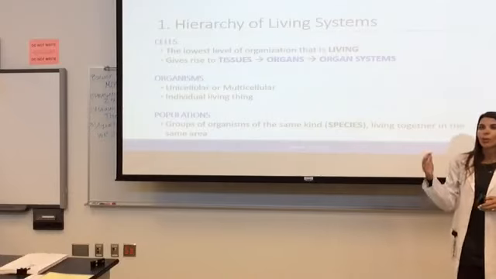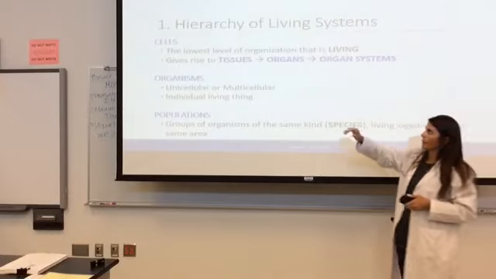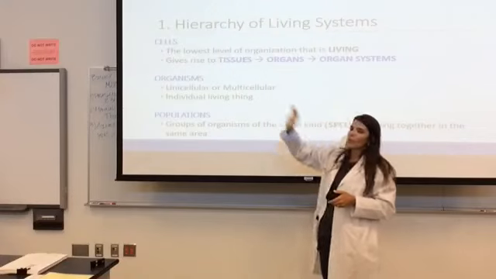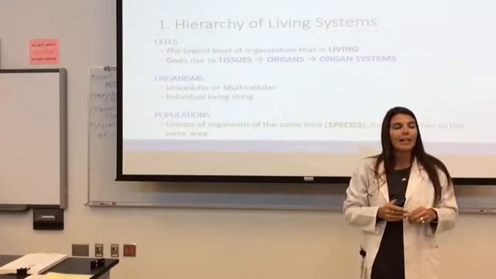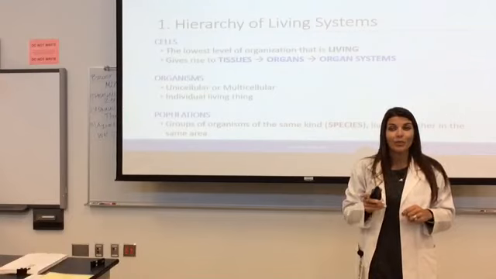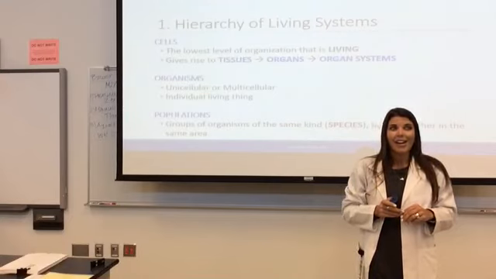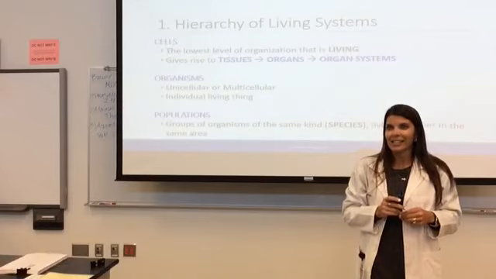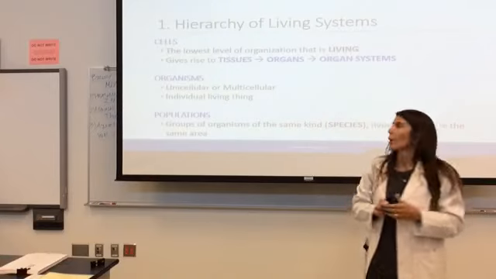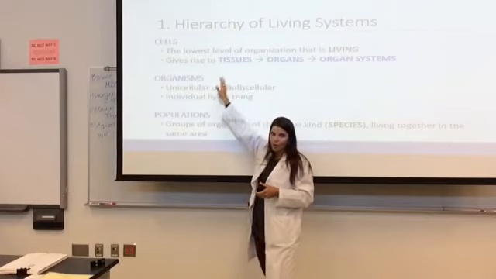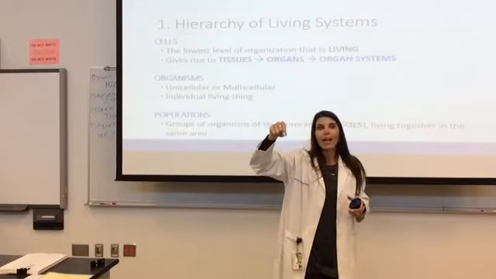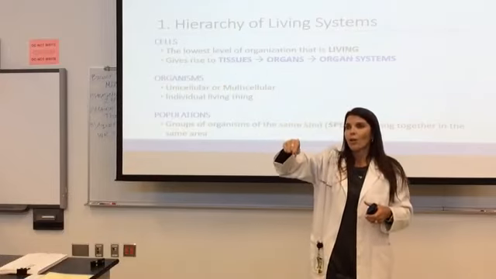Now here's where that term emergent properties comes into play. When I put a bunch of cells together, guess what I get? Not yet. Eventually. Not yet. A tissue. We're going to put a bunch of cells together, and that'll give us a tissue. So a cell is alive, and it can function on its own.